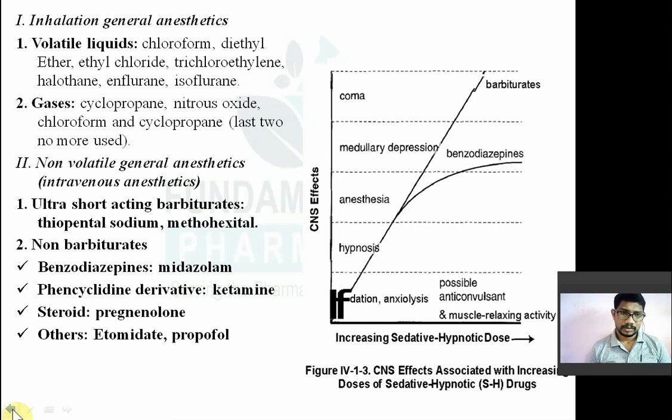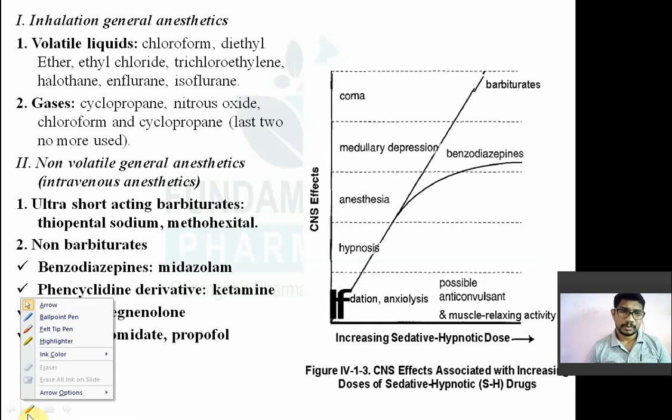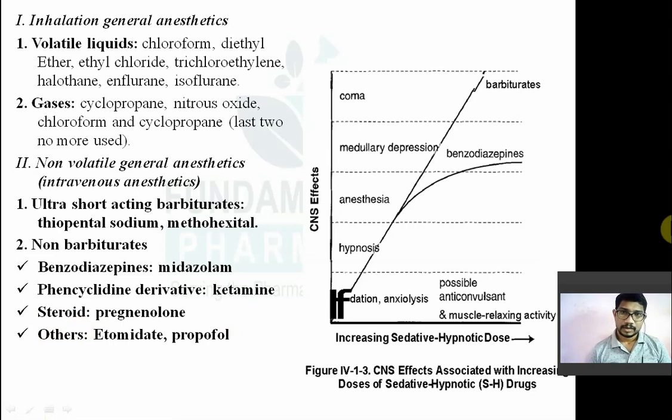The same drug, particularly for benzodiazepines and barbiturates, can have a different action depending on the dose. For example, here you can see the dose increasing on the x-axis and the effect on the CNS on the y-axis. Take diazepam as an example.